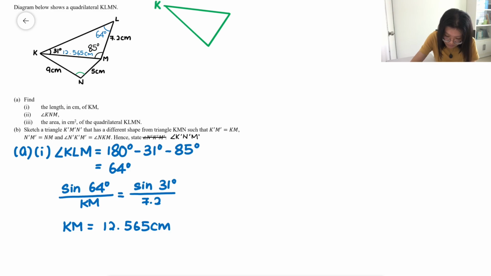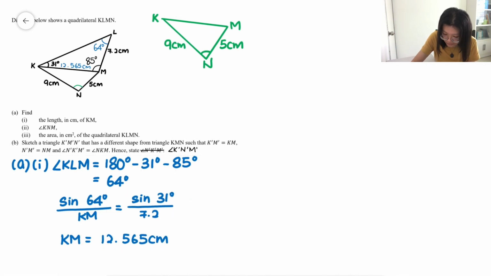K, M, N. This is what we want to find. KN equals to 9 cm. MN equals to 5 cm. And from A part 1, we know the value that my KM equals to 12.565 cm. So very good. We want to find this. Opposite of it, 12.565.